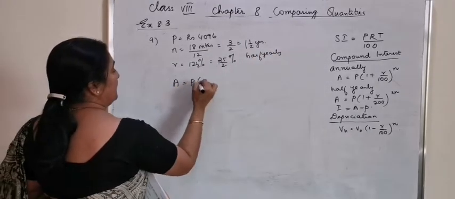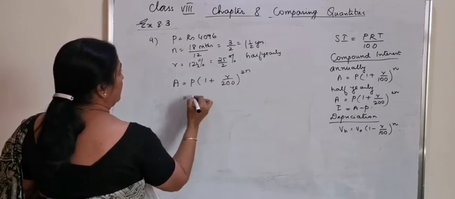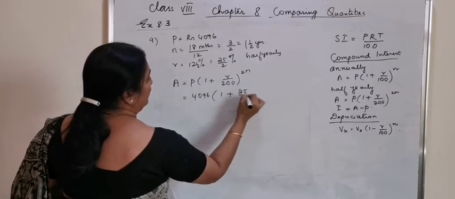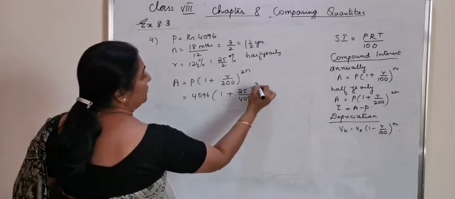Amount is equal to P into 1 plus R by 200 to the power of 2n, 4,096 into 1 plus 25 by 400 to the power of 3.